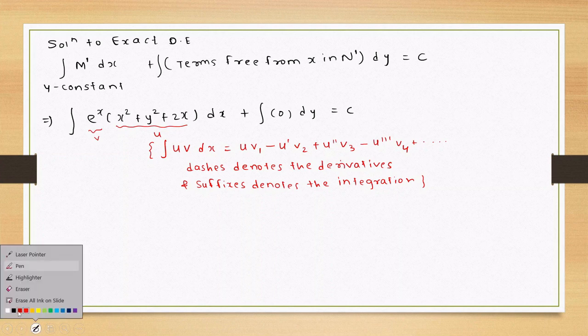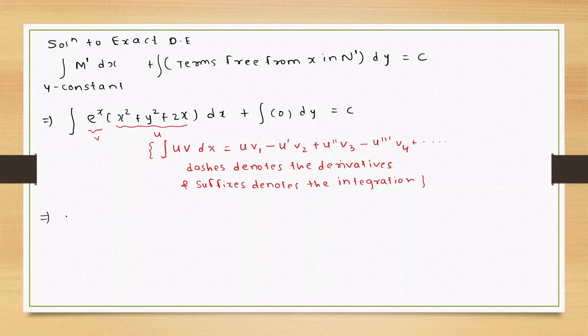Now let us solve this. So u is x square plus y square plus 2x. Now v1. What is v? e raised to x. What is v1? Integration of v, so integration of v is e raised to x only. Now minus u dash, that means the derivative of u with respect to x. So it is 2x, y square treated as a constant, and the derivative of 2x is 2, plus 2 v2.